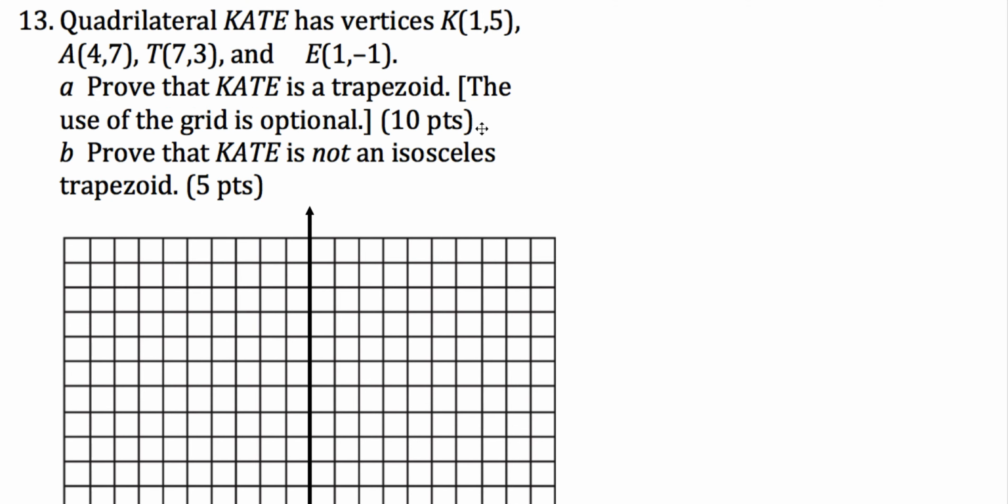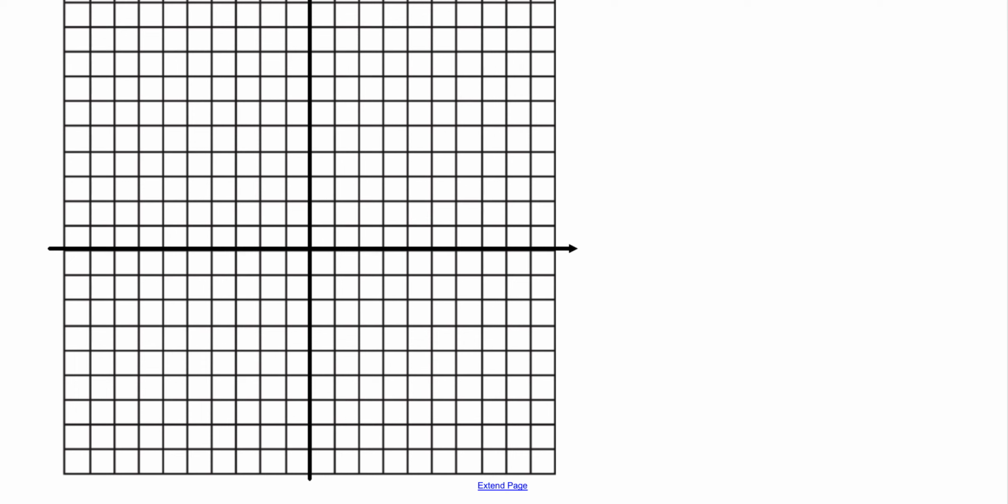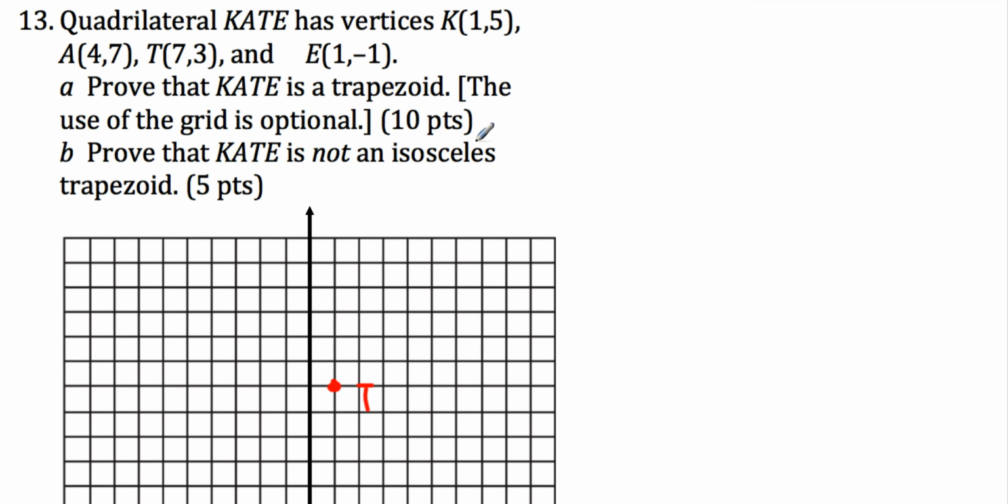All right, so K is 1, 5. And then A is 4, 7.